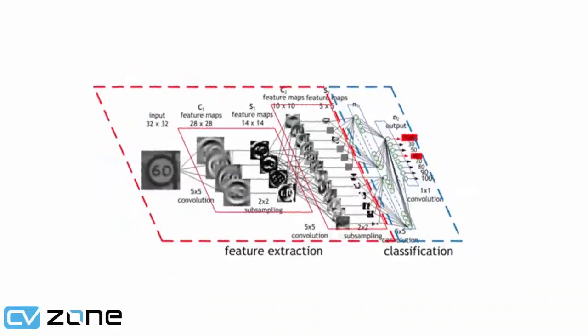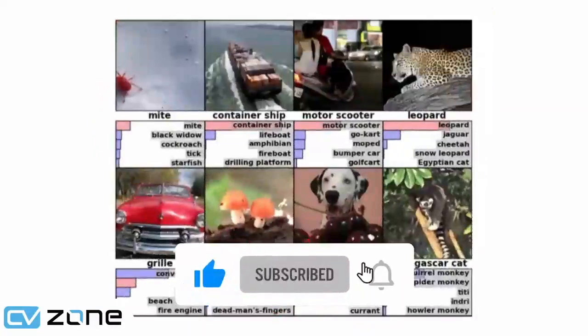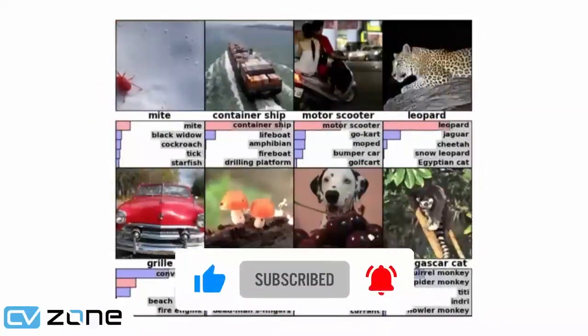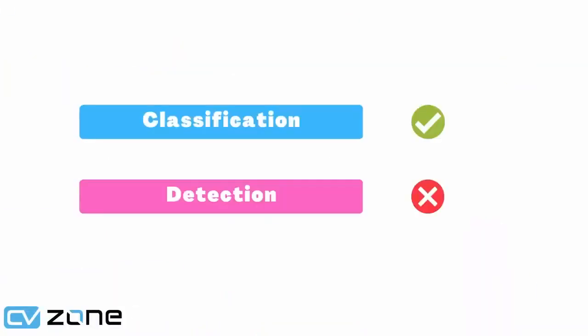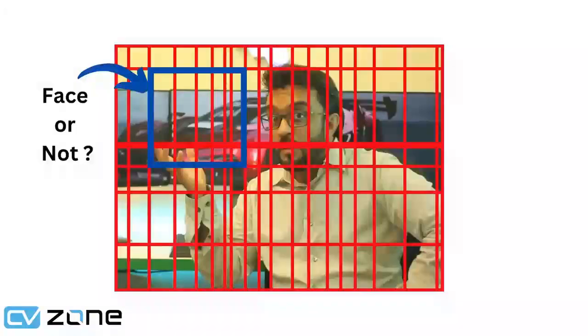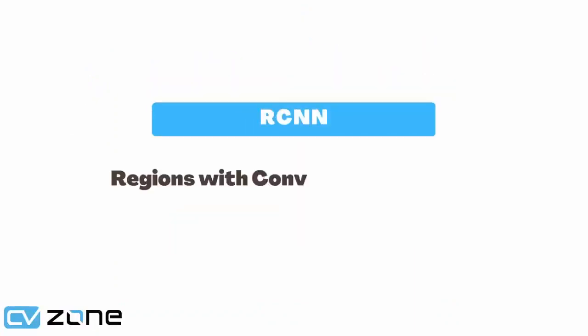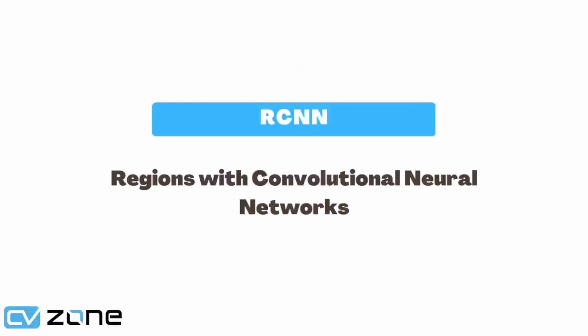The true potential was seen with convolutional neural networks when AlexNet won the ImageNet Large-Scale Vision Recognition Challenge in 2012. But this solved a classification problem and not detection. Later, brute force methods were used to repurpose the CNN models to work as detection models. This was a very inefficient approach, so soon after came the RCNN, regions with CNN.